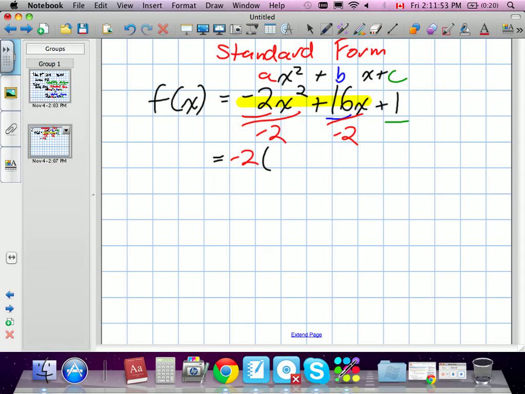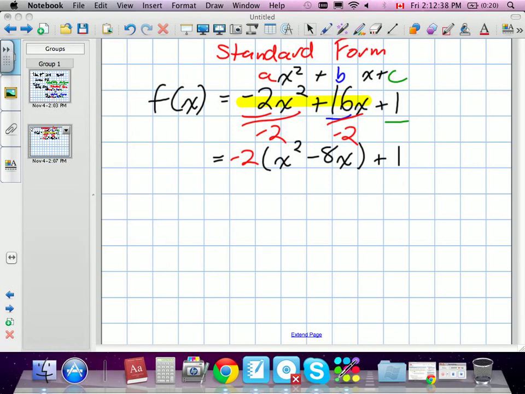So -2x squared divided by -2 is just x squared. And that's the whole point. We're trying to create an x squared. Positive 16x divided by -2 is -8x. Okay? And brackets, and then we have still +1 on the outside. So we've dealt with the beginning of this, okay?